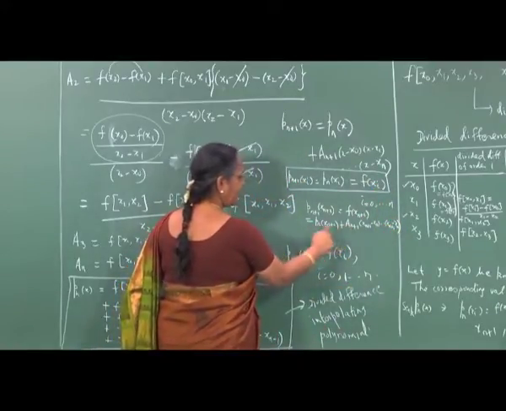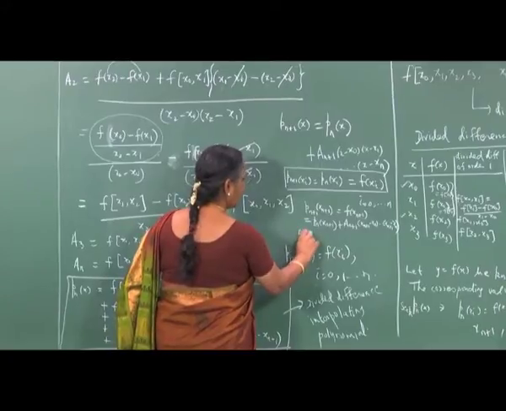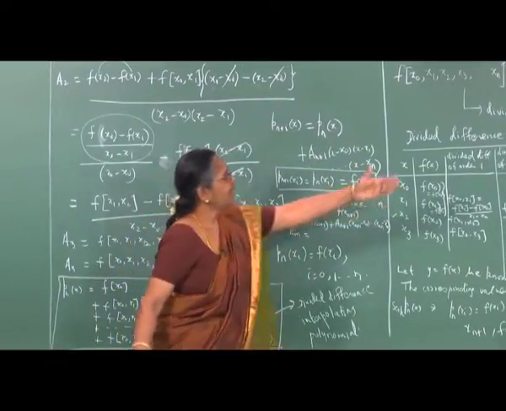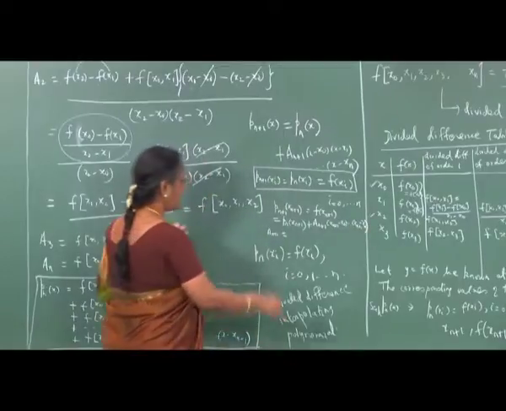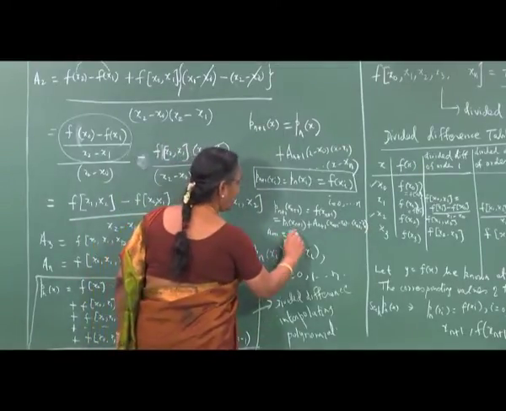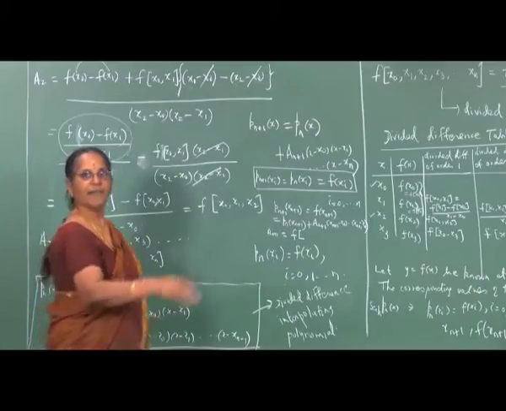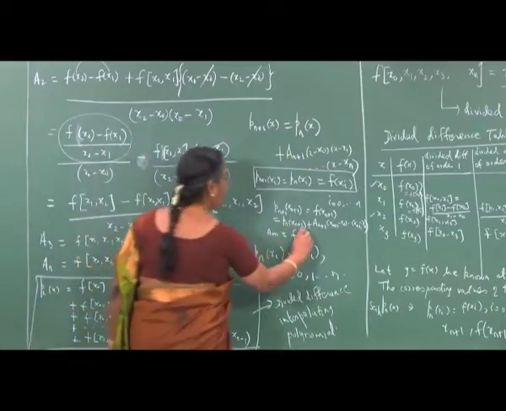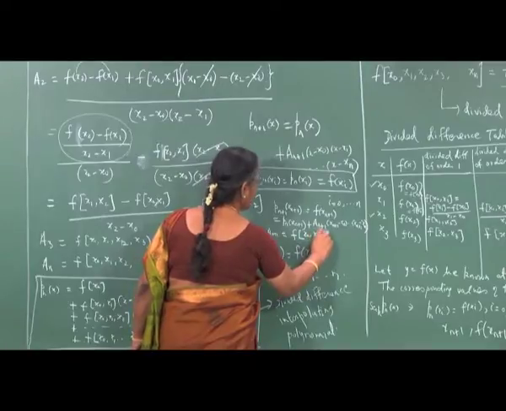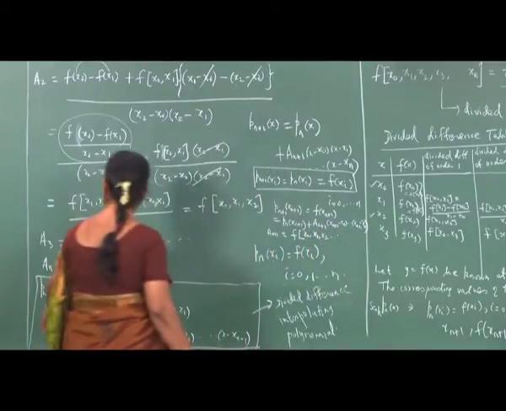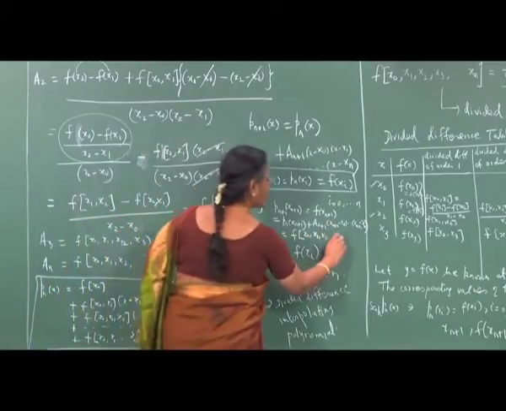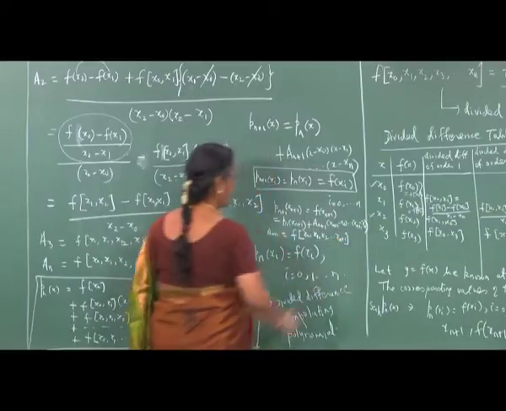So, from here we can determine an plus 1, and we know from what we have already done, we will end up with an plus 1 to be the divided difference of order n plus 1, namely it will be f of x naught, x1, x2 etc. up to xn plus 1, which we can compute.